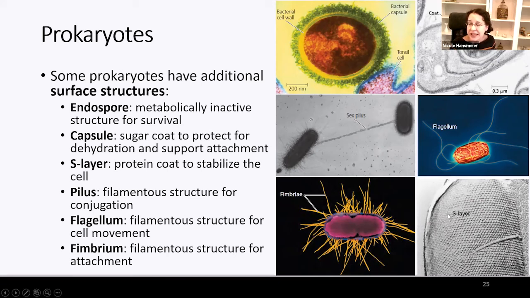Then protein coats, which make it possible to even grow on hydrothermal vents, or in really hot areas. Or they have these structures where they connect to each other, which we call a sex pilus. This is not that they push their genetic material through it, it's more to basically move the other cell close together.